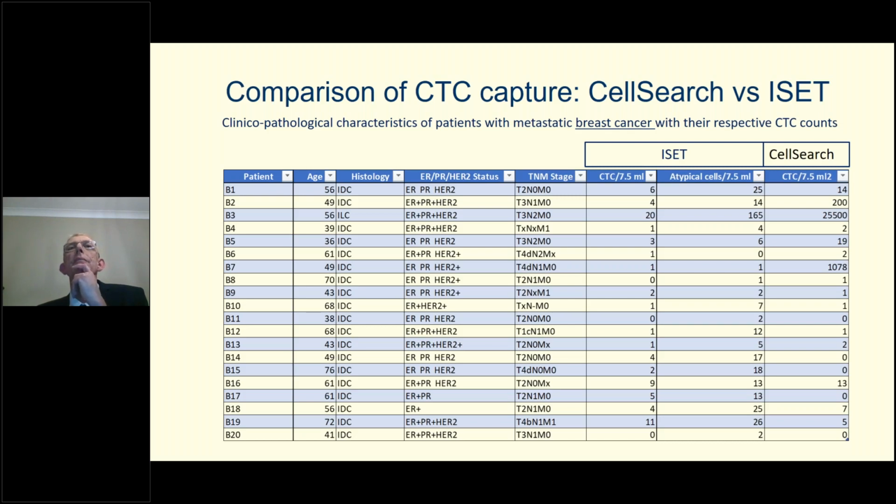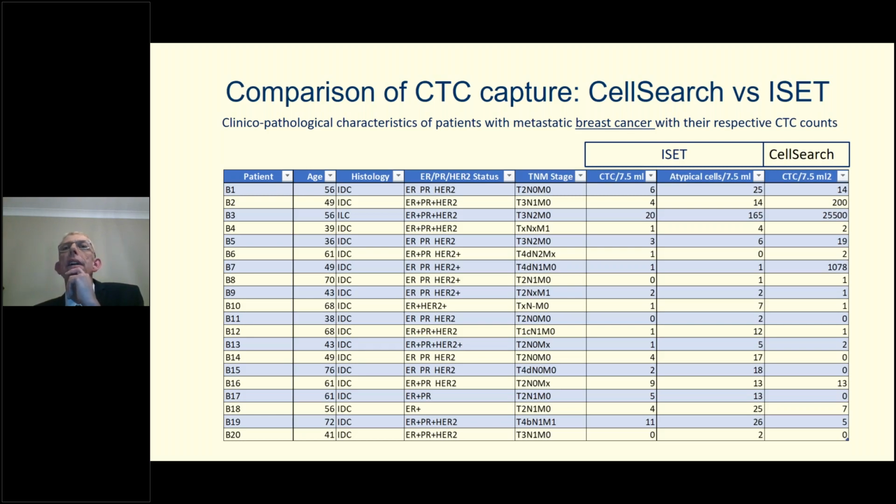There are some examples, certainly for breast cancer, where you identify fewer CTC cells with our filtration device than you do for our magnetic capture devices. There's very substantial differences in our patient B3. And you also have the corollary of this, where you might identify more CTC cells with ISET compared to CellSearch.